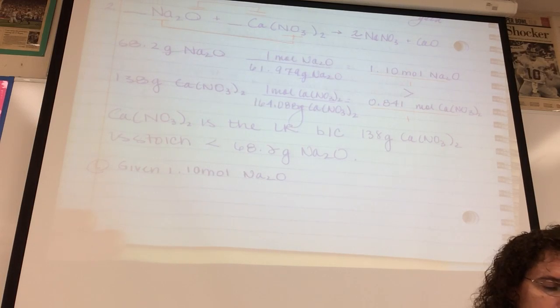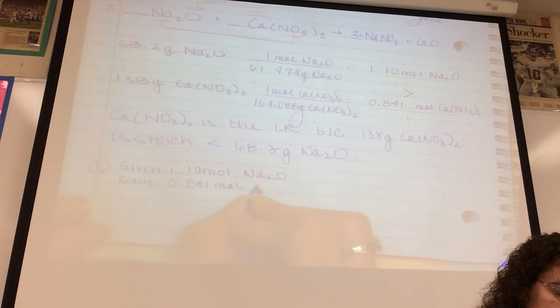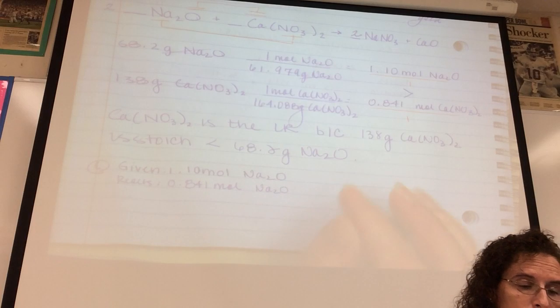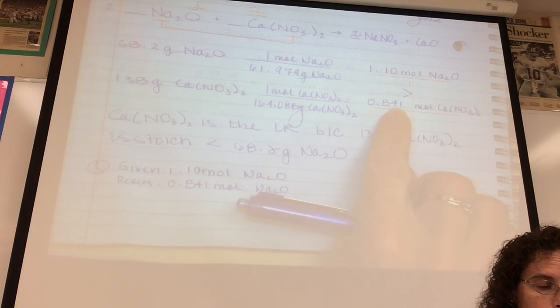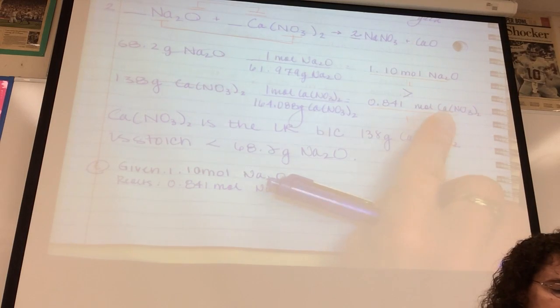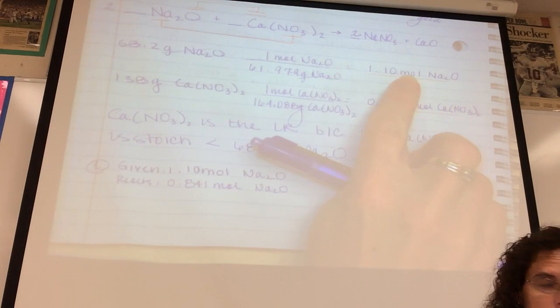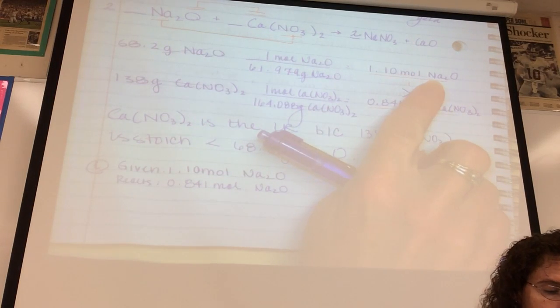How much of that reacts? It's the limiting reagent, so you can't do more than that. Right. So if 0.841 moles of this react, that's the limiting reagent, it's used up completely. With the 1-to-1 mole ratio, then the same amount has to react with it.